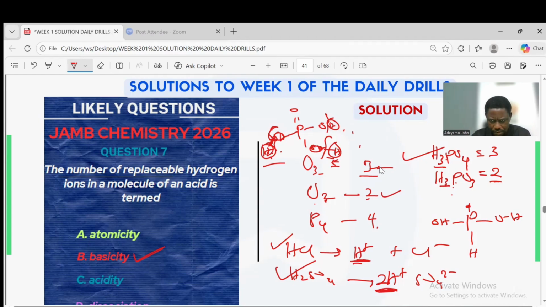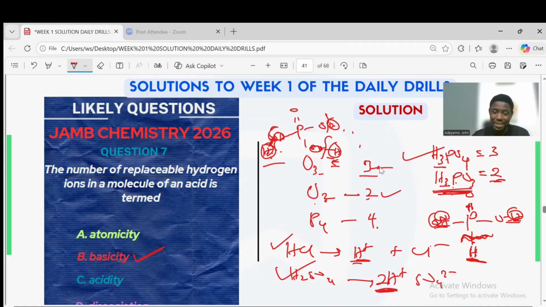This is H3PO3, so this is the 1 H, 2 H. So this one is not ionizable. Just take note, it's not ionizable, because P and H is not that polar. So only these two can easily leave and get ionized. That's why the basicity of H3PO3 is 2, not 3.